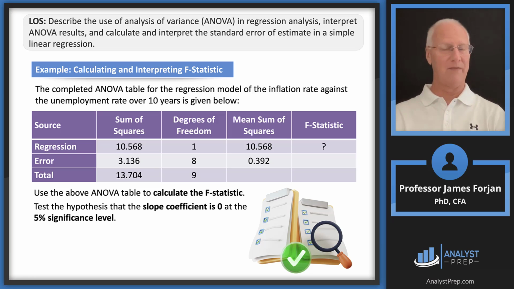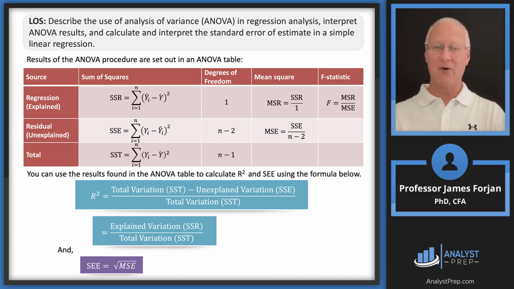That's where we get the 10.568 for the mean sum of squares. And then for the mean sum of squares for the errors, we take the 3.136 divided by the 8, and that gives us the 0.392. So what did we say in one of those slides? Software packages give you a whole bunch of output. Well, here's all the output. Do you really need to know all of these equations? Well, the professor in me says absolutely.